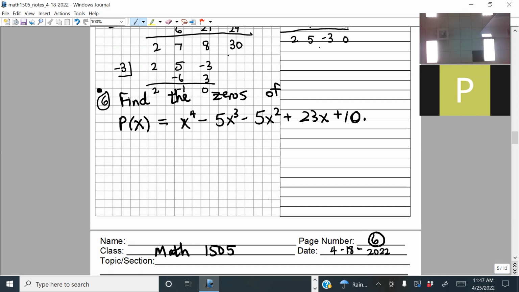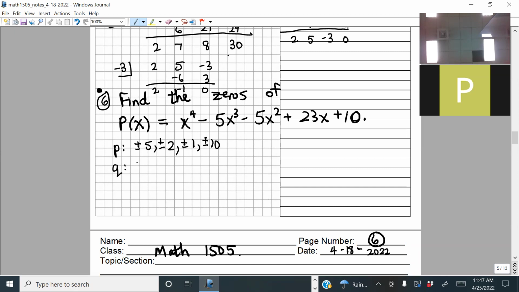What are the factors of our constant coefficient? 5 and 2. So you have plus or minus 5, plus or minus 2, and then don't forget 1 and 10. That's it, I don't think you can write 10 any other way. What about for our leading coefficient?